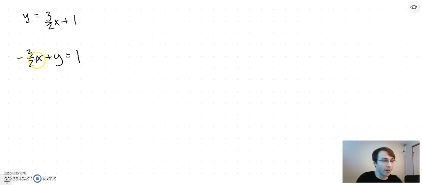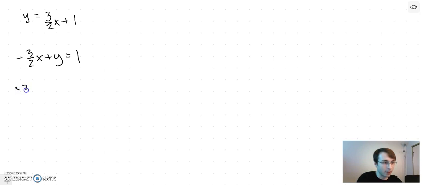Well, yeah, that will get you the right graph, but there's a rule that in standard form, you're not supposed to have a negative on the leading variable here, and also you're not supposed to have fractions. So to get rid of fractions, we'll multiply by 2, because that's the denominator here. Multiply everything by 2.